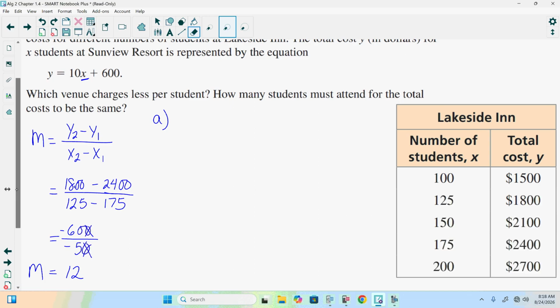We said Lakeside is 12. So Sunview is charging 10 per student. Lakeside is charging 12, yes? So which one charges less per student? Sunview charges less. Or really, we could just say Sunview, because I know on your homework we're going to be saying Sunview charges less. Sunview is the one that charges less per student.